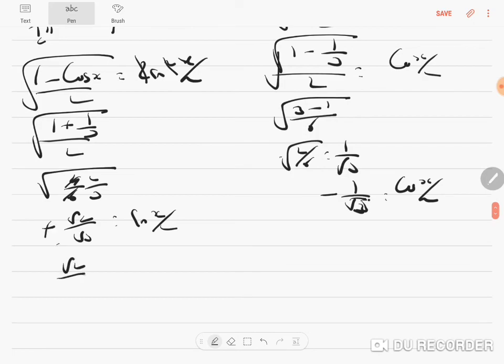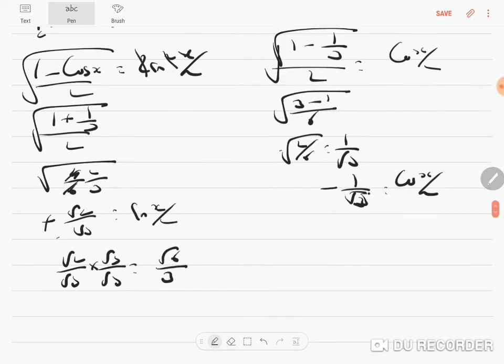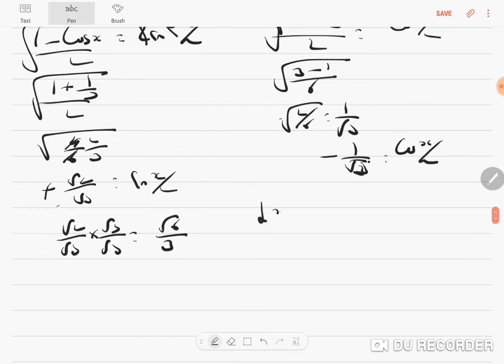Suppose you want to rationalize this, into root 3 by root 3, it will become root 6 by 3. Now this is positive. Tan x by 2 is simply sin x by 2 by cos x by 2. Take this value, so it's easier: root 2 by root 3 by 1 by root 3 with a negative sign. Root 3 and root 3 get cancelled, minus root 2. Perfect. Tan x by 2 also has to be negative, so it's perfect.